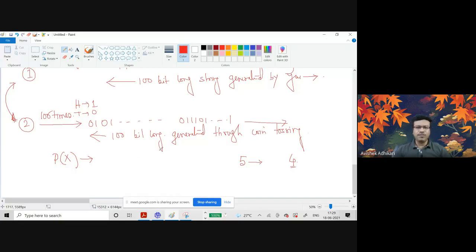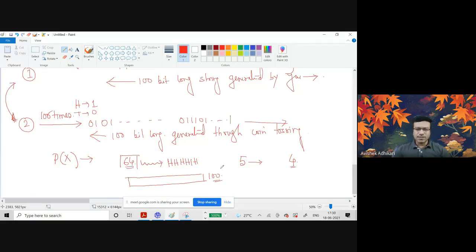It could be found that if your coin is an unbiased one, then the expected value is around 64. That means if you do 64 trials of this head and tail experiment, then it is expected that you will have one run of consecutive heads like this. Okay, so you are doing it like 100 times.